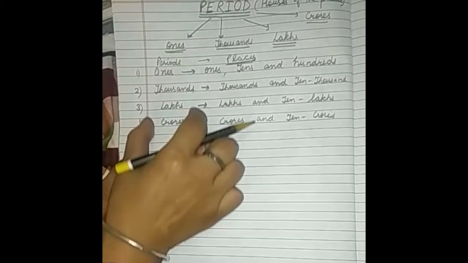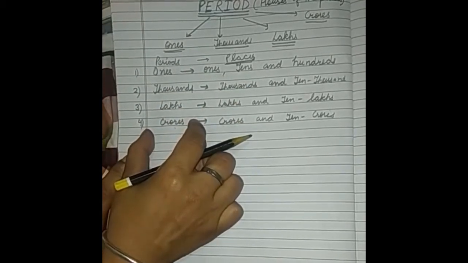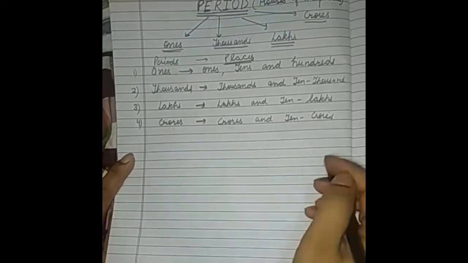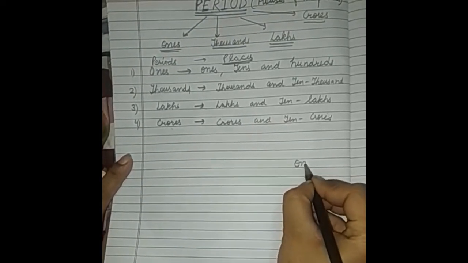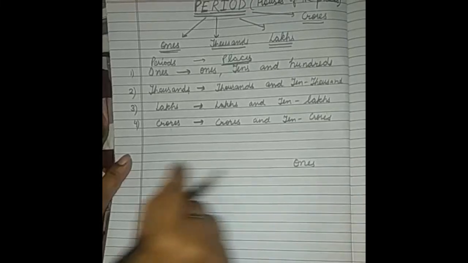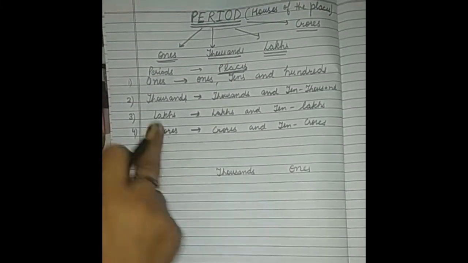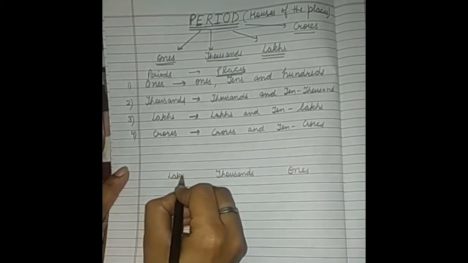While we are writing the periods or places, we always start from right to left. So we will write the ones period first, moving from right to left. Then we will write the second period, thousands. Then the third period, lakhs.